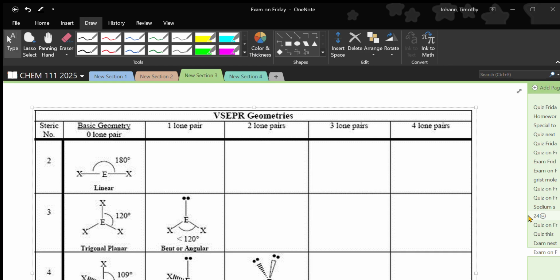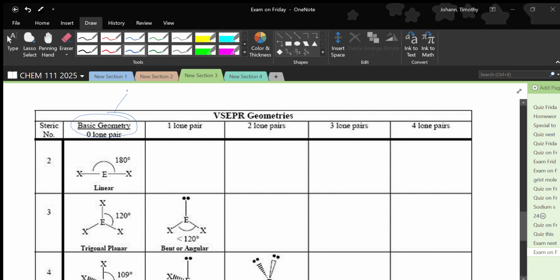What I want to introduce are more specific terms in talking about shapes. We can talk about atomic geometries or molecular geometries, and we can talk about electronic geometries. Here it's called basic geometry. Your book is going to call that electronic geometry. What that electronic geometry is, is how many things are around your center atom.